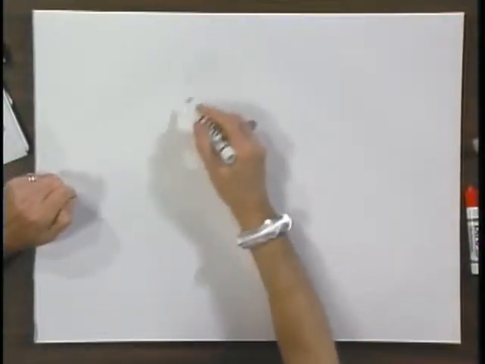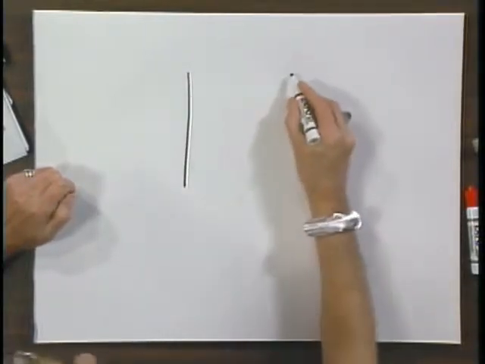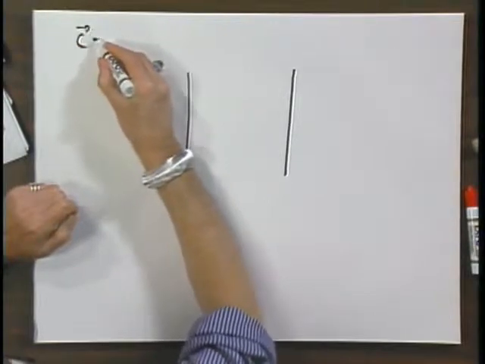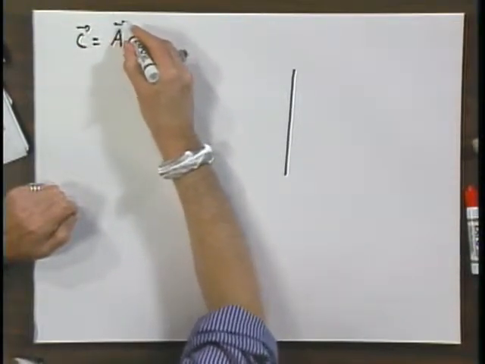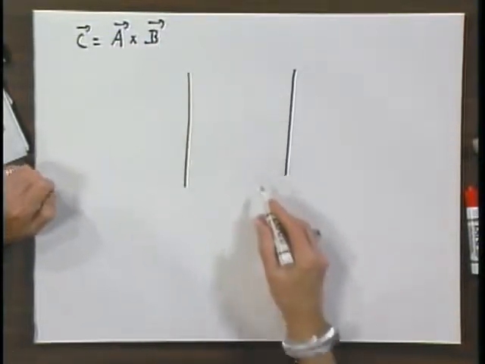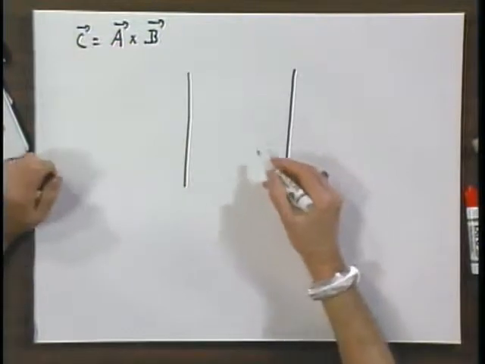If I have a vector A and a vector B, and A comes first and B comes second, so C equals A cross B, then I write down here some kind of a matrix.